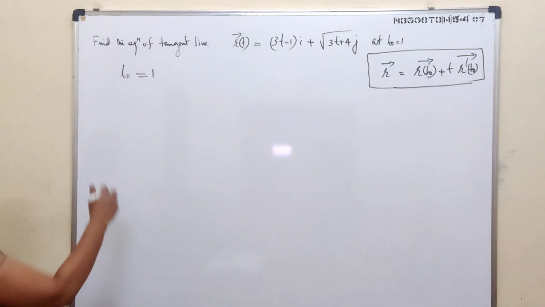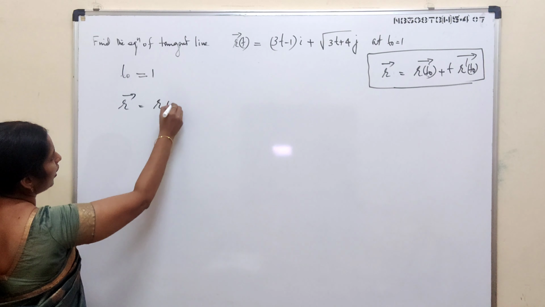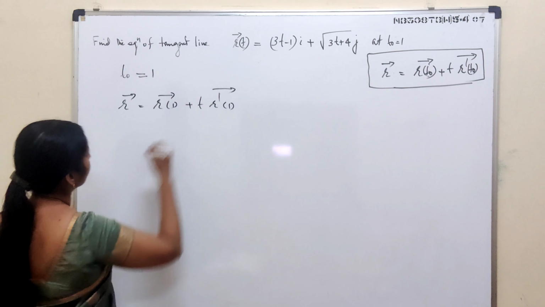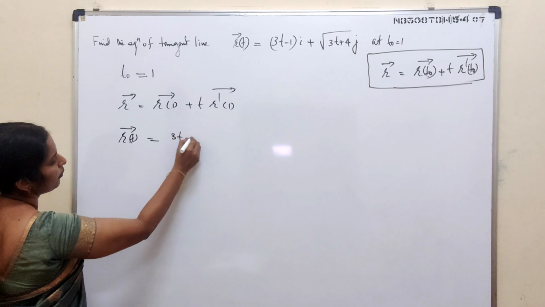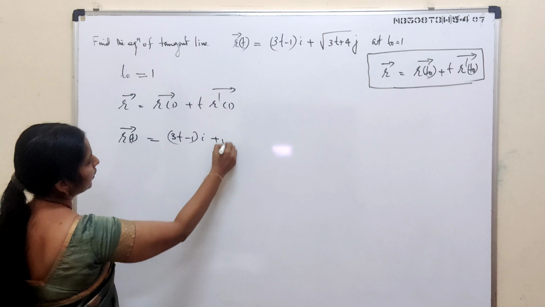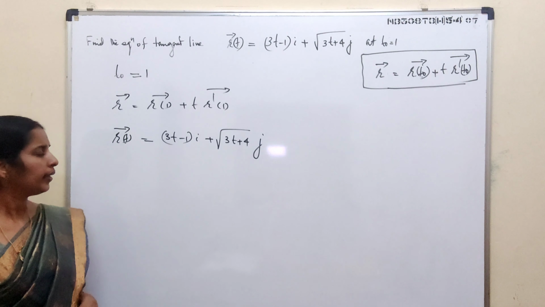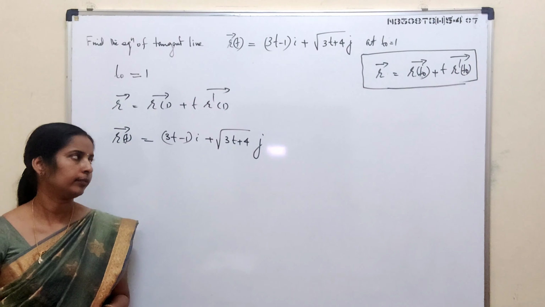So the equation is vector r equal to r(1) plus t r dash (1). The given curve is r(t) equal to (3t minus 1) i plus root(3t plus 4) j. Here the coefficient of k is absent, so it is a plane curve.